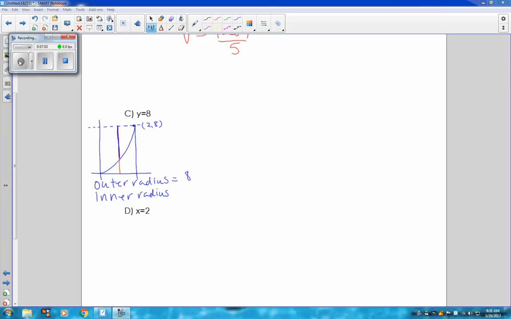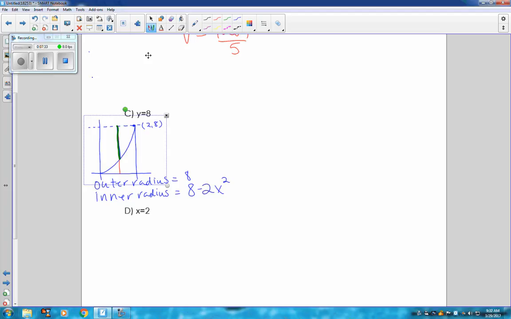That's the inner radius. So how am I going to get this right here? Look at the change colors. How do I get that? Yes, you're going to have to subtract 8, subtract this. I don't want that. That's the 2x squared. I need to subtract that from 8. So your inner radius is 8 minus 2x squared. Got it.